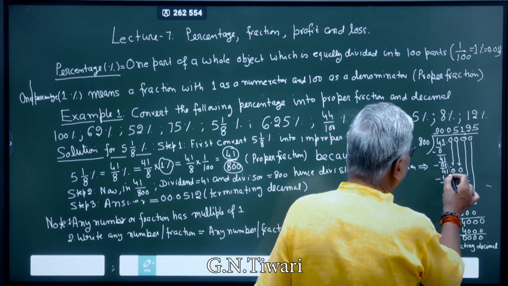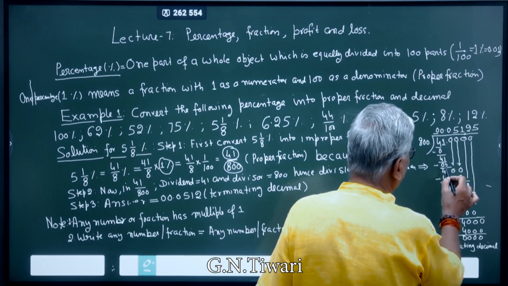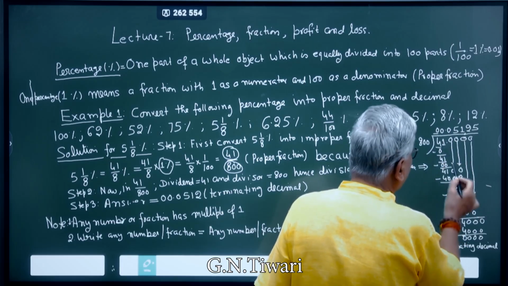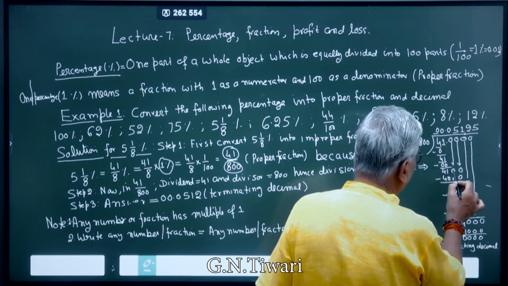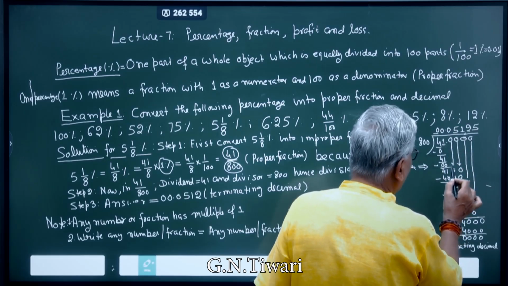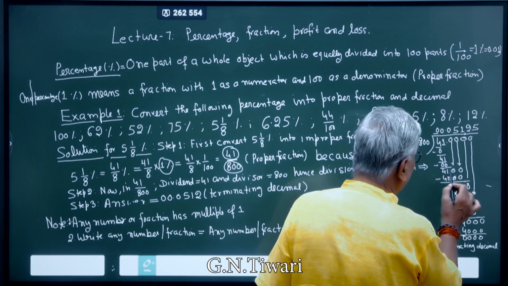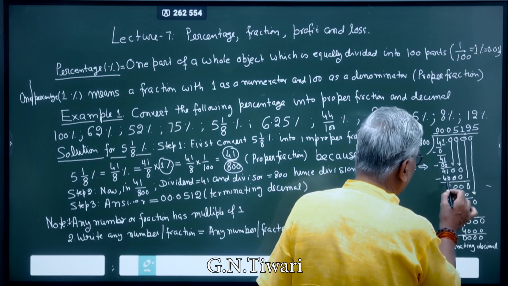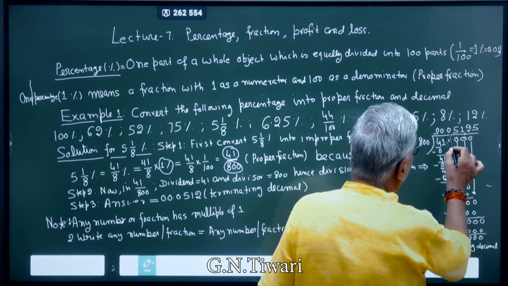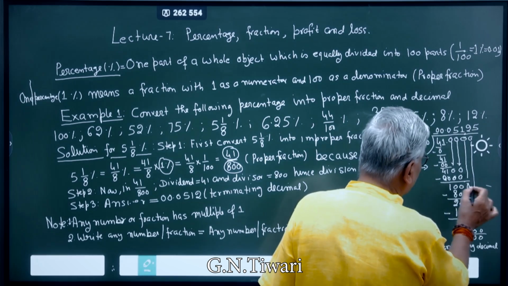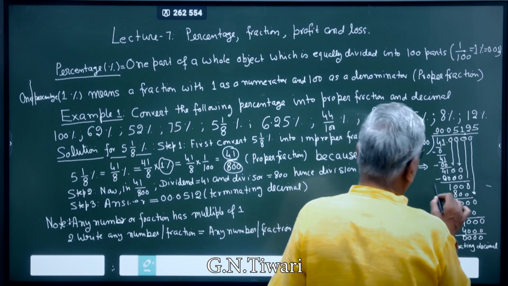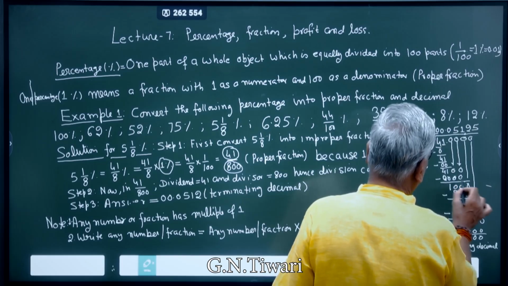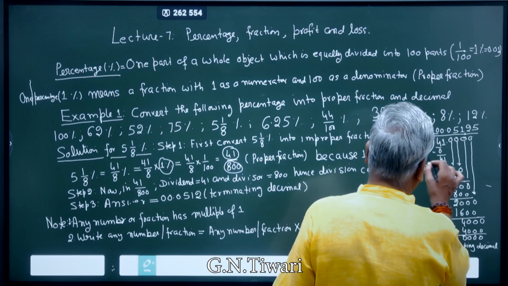Then 41 is also less than 800, so 0. After that, you put the decimal here and bring down a 0 here, it is 410. Be careful, it is also less than 800, so 0. Then 4100 minus 4000 is 100.